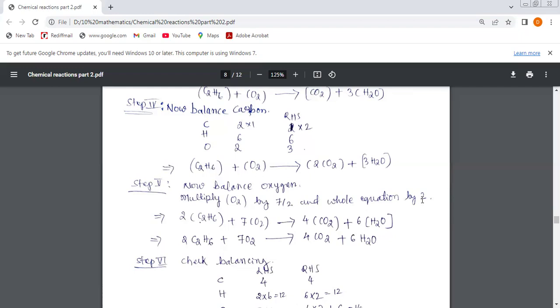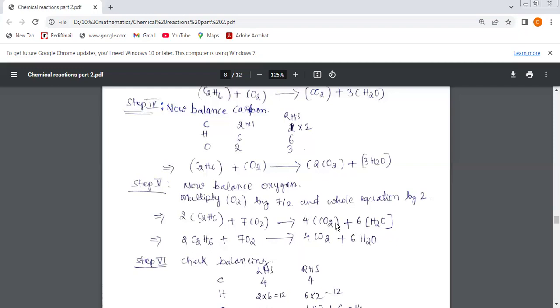So what happens? This 2 is multiplied here, 2 C2H6. So it becomes 2. For this O2, first you are multiplying by 7 by 2, then you are multiplying by 2, so that 2 gets cancelled, 7 remains here. And on this side, we have multiplied the whole equation by 2, so that 2 into 2 becomes 4.